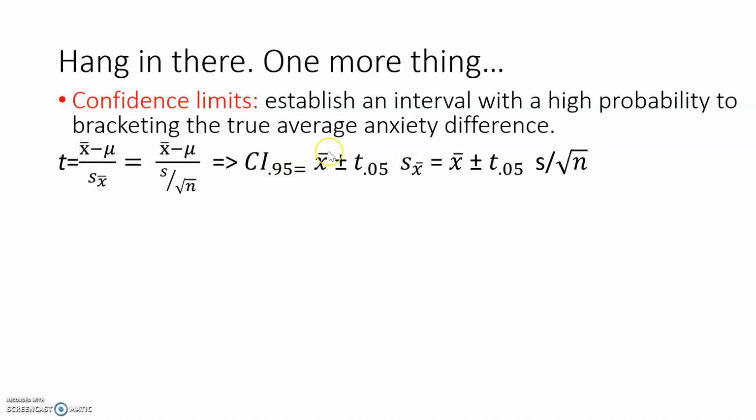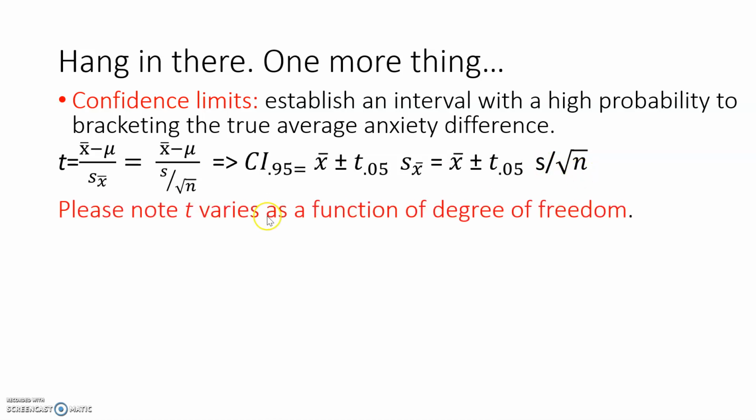Okay, so we do some algebra, and this confidence interval is some function of the sample mean plus the t-value. We have positive and negative t-value here, and then multiply by the standard error here. Okay, so remember t will vary as a function of the degree of freedom, which is basically our sample size.